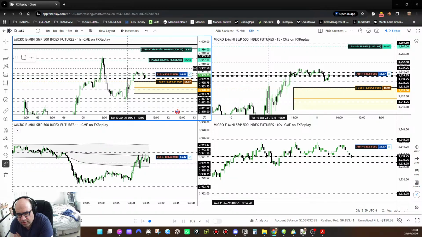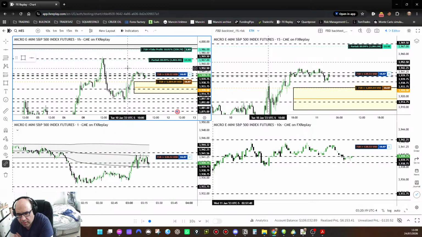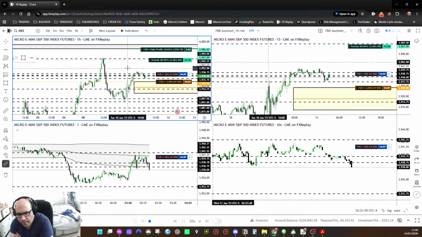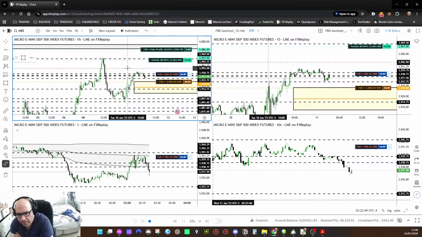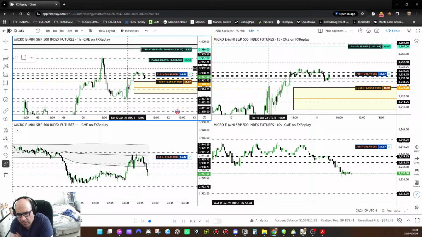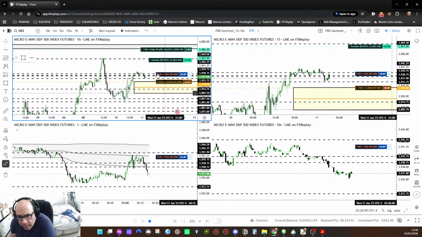This is some kind of rejection there at the VWAP. Let's see. We may see a reversal move here in the trend.